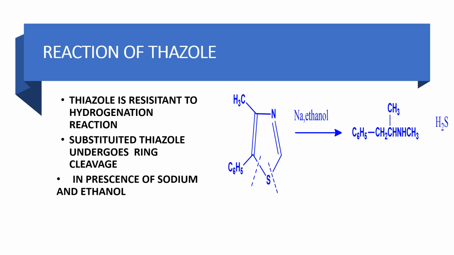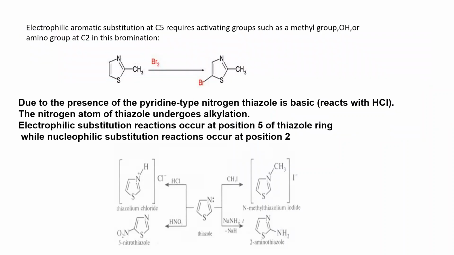And your sulfur is removed. Bromination, as we said, depends upon the electron withdrawing or donating group at the 2nd position; it will undergo bromination at the 5th position or the 4th position.